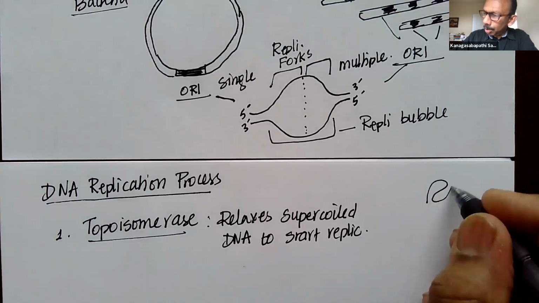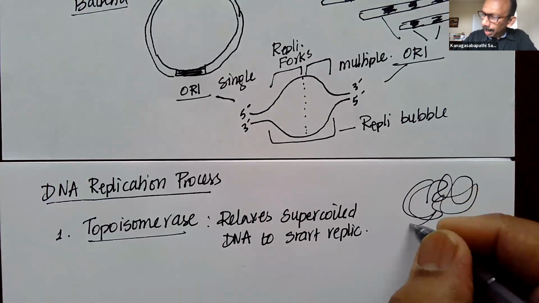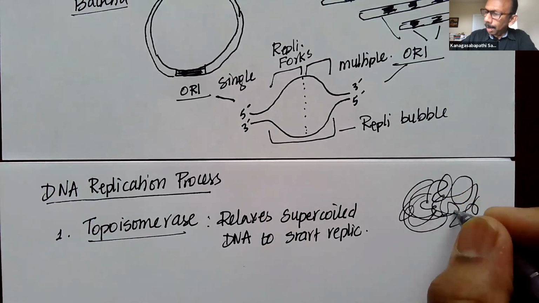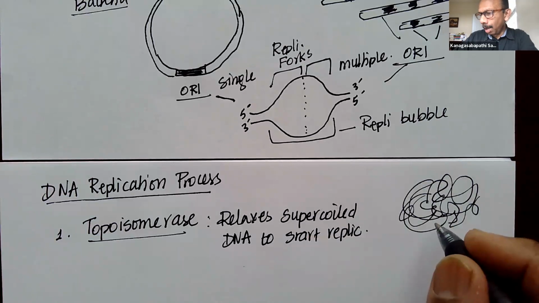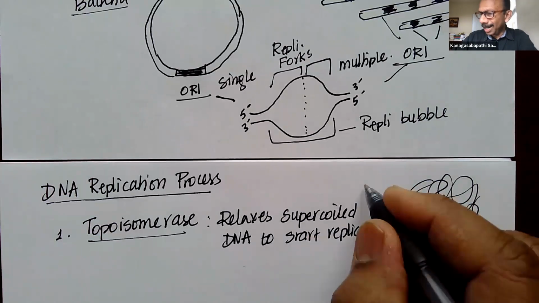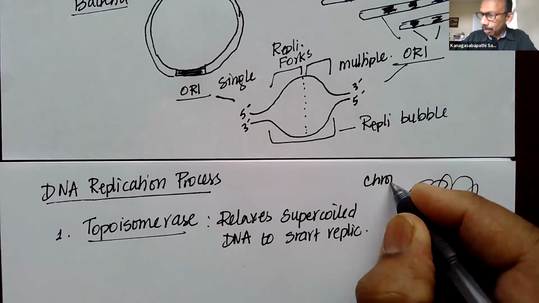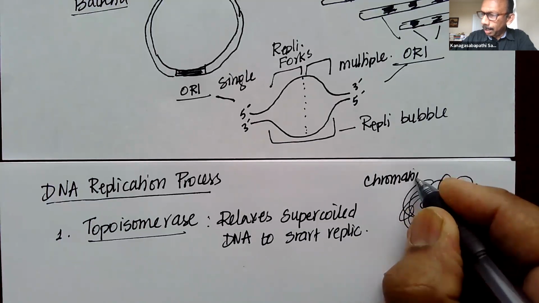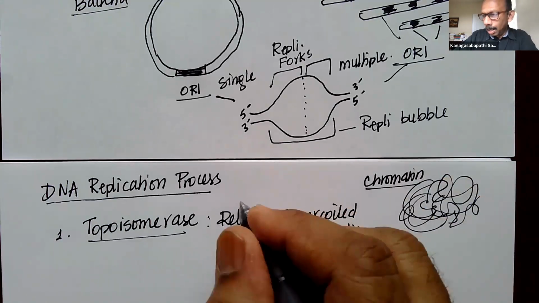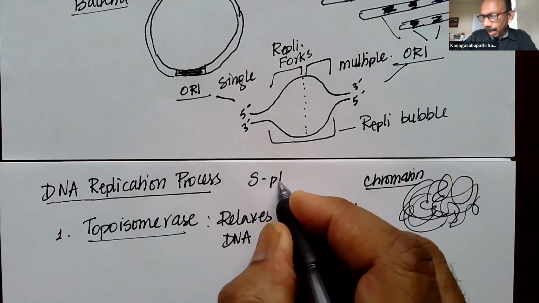So the supercoiled DNA is like an entangled web, and this is called chromatin. So this is loosely dispersed DNA, and this is happening in the S phase of the interphase.